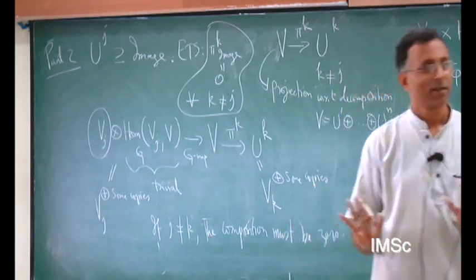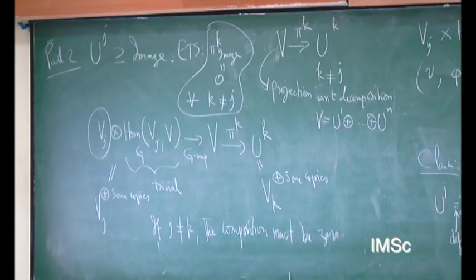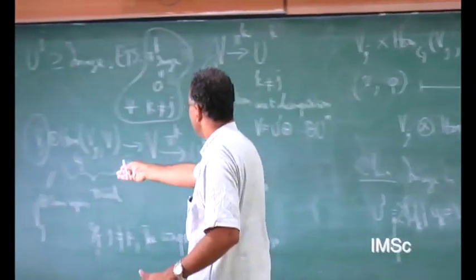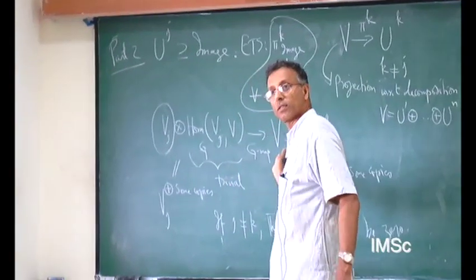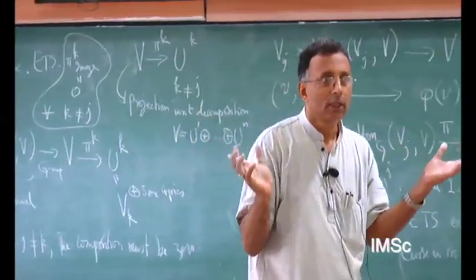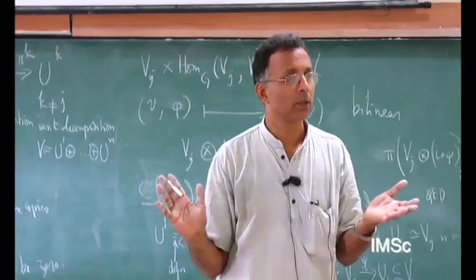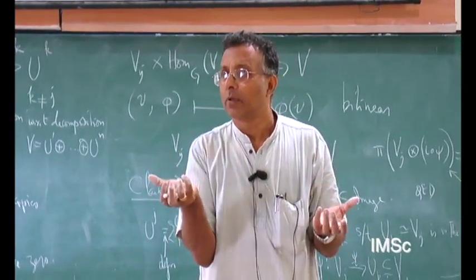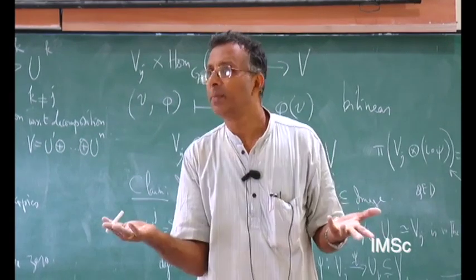At the end, the point is how you realize the isotypical component: it is the image of this. What is involved in that proof is just some very basic things. It is not a very deep fact at all.